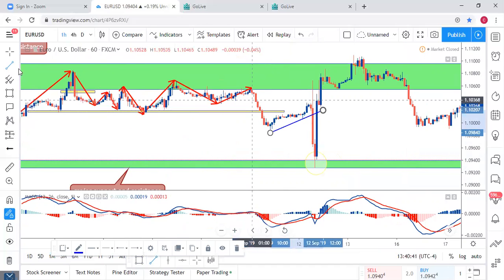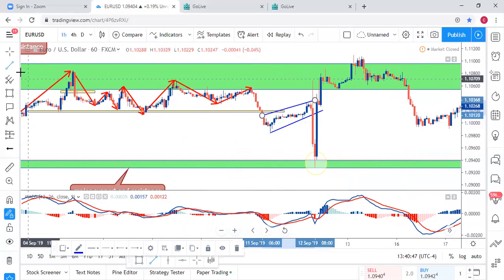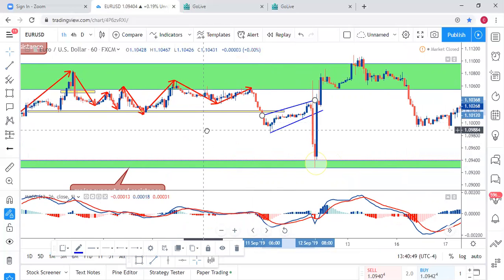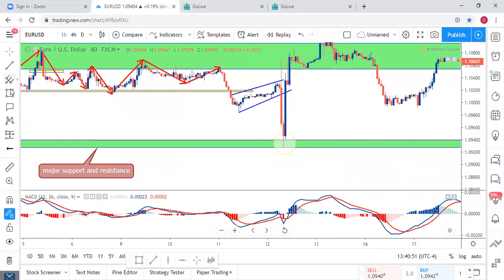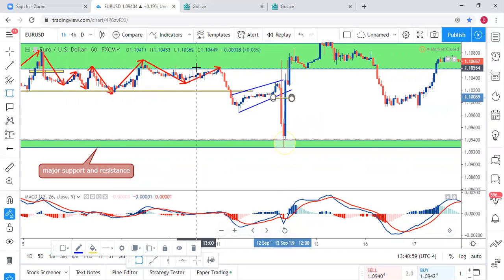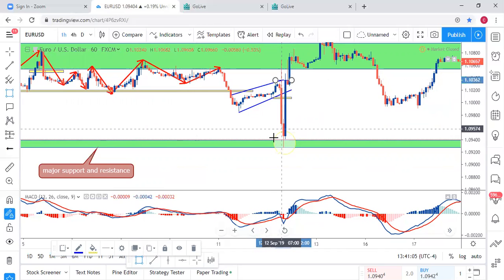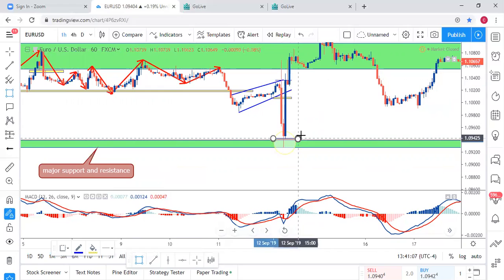Now you see that your entry could be anywhere below this area, right? Entry could have been here, stop loss up here, take profit down here, right? Stop loss anywhere in this general area, right?